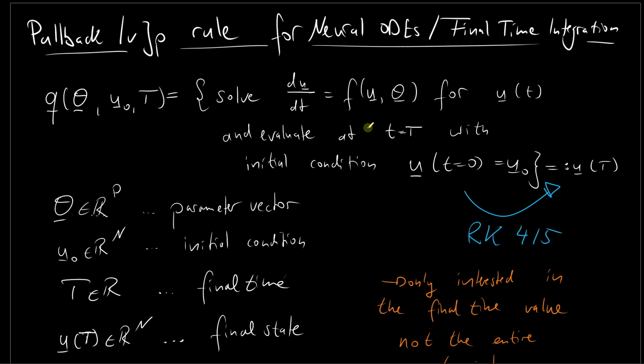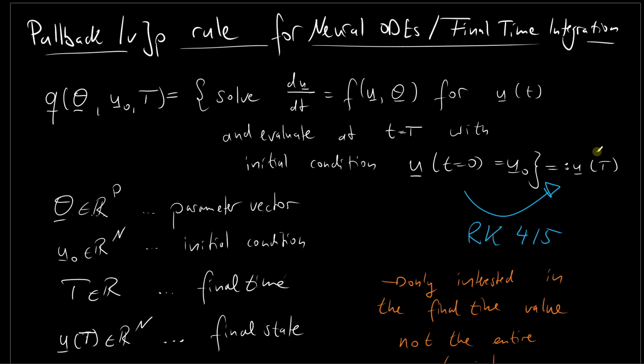Maybe not in these simple cases, but thinking in terms of neural ODEs, if your weights and biases are different, then your trajectory will be different. And ultimately also your final point, which is the only one you're interested in, will be different. And as such, the parameter theta influences the trajectory at each point in time.